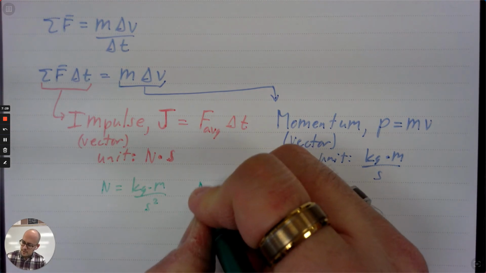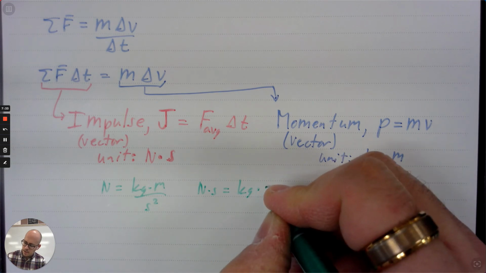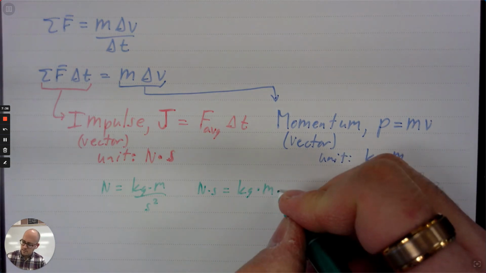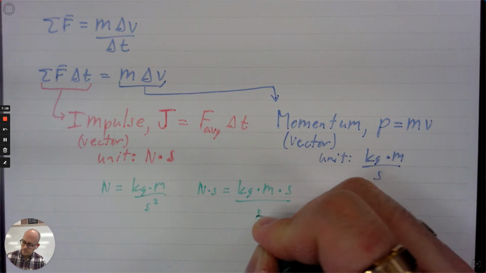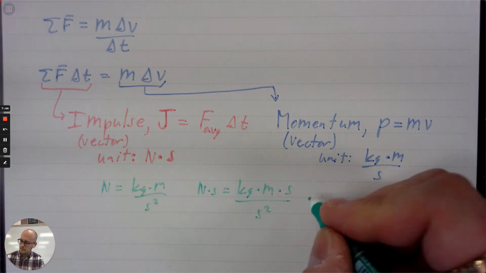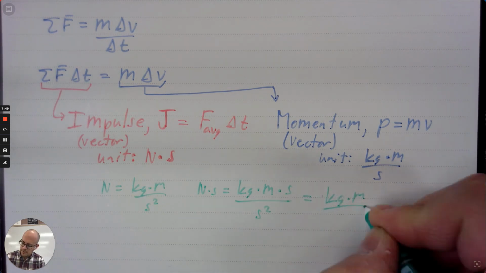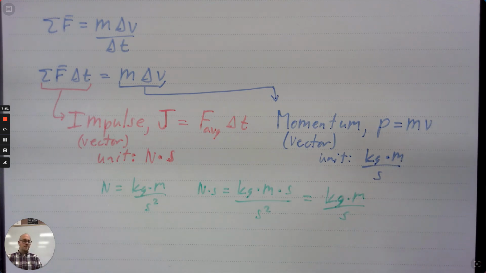So a Newton second is going to equal a kilogram times meters times seconds divided by seconds squared, right? So newtons times seconds, one of those seconds cancels, and so a Newton second is equal to a kilogram meter per second.